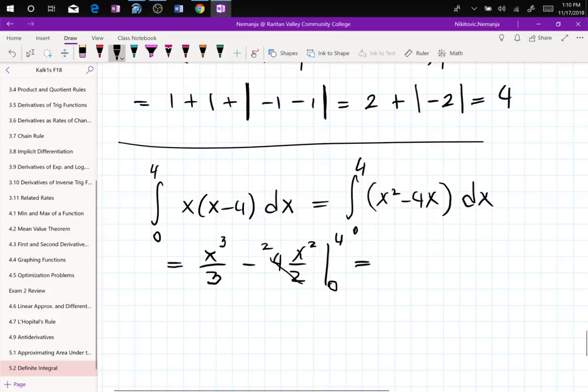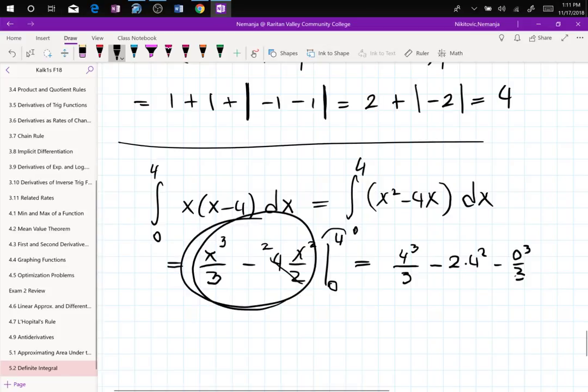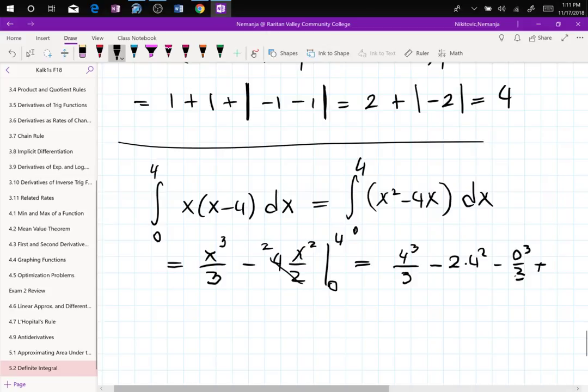That's it. So now plug in 4. We have 4 cubed over 3 minus 2 times 4 squared, minus 0 cubed over 3. So it's function computed at the upper limit minus function computed at the bottom limit. So that will be plus 0, 2 times 0 squared. I mean, these zeros go away anyway.